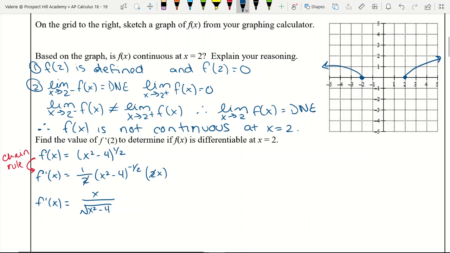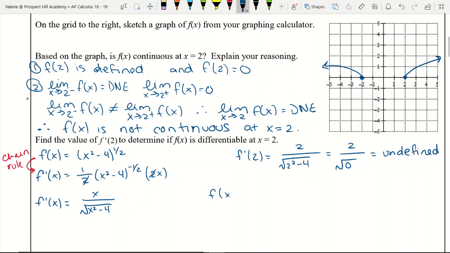So then f prime of 2 is equal to 2 over square root of 2 squared minus 4, equal to 2 over square root of 0, which is undefined.